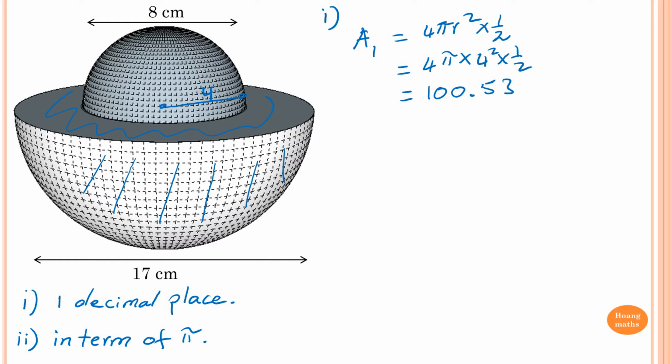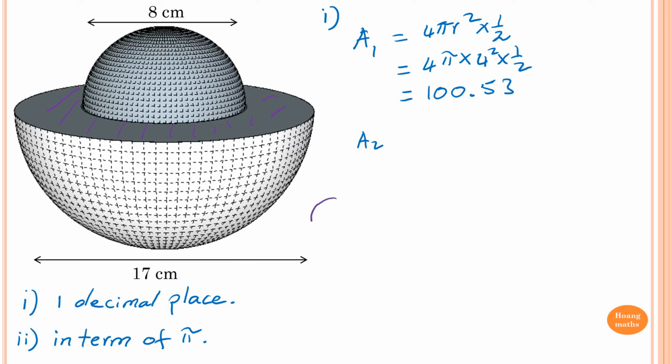And then area 2, A2. A2 is this part here. Which means that we need to find the area of the larger circle and minus the smaller circle.